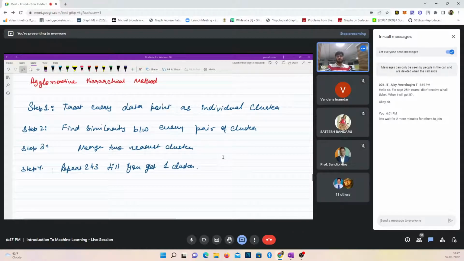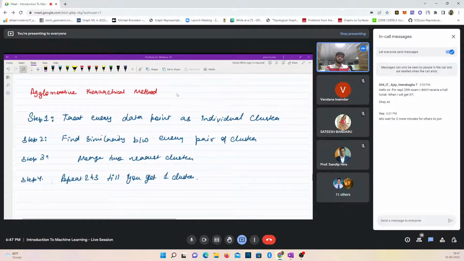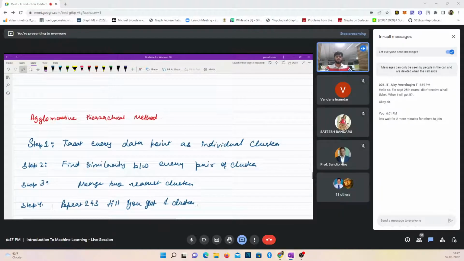Let's move to hierarchical clustering for a while. Now in hierarchical clustering there are two approaches that are taken. One is that initially you assume that you have only one cluster, and you keep dividing your data points further down.